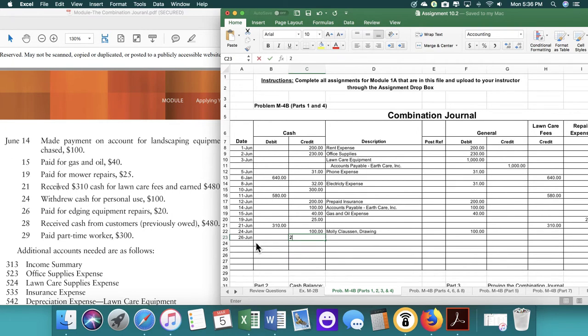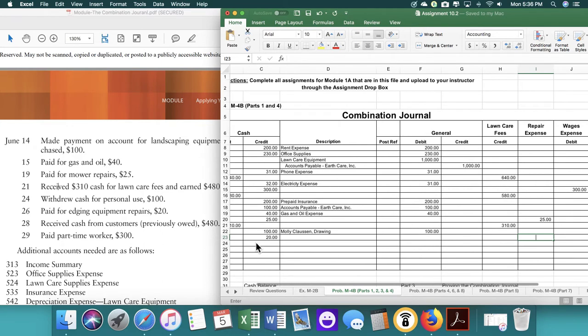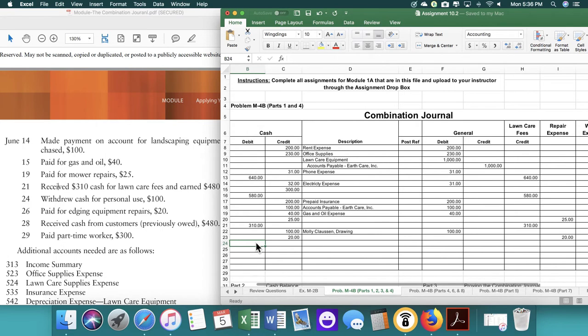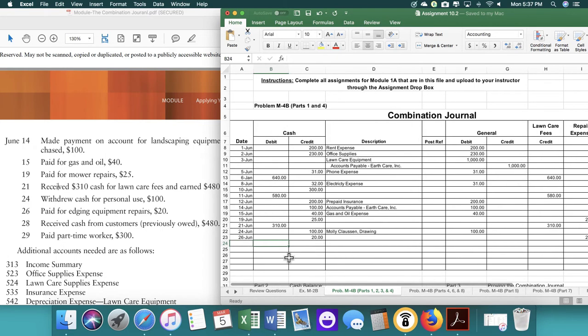So that is $20. That's going to go to repair expense account. Okay, on the 28th, here's when we record the 480.